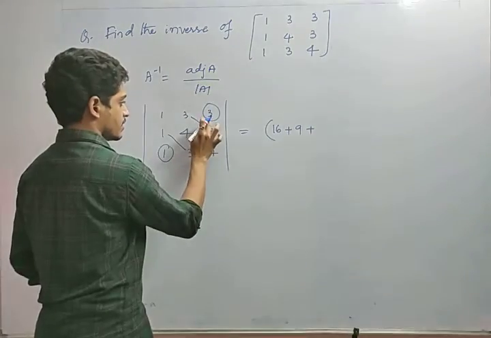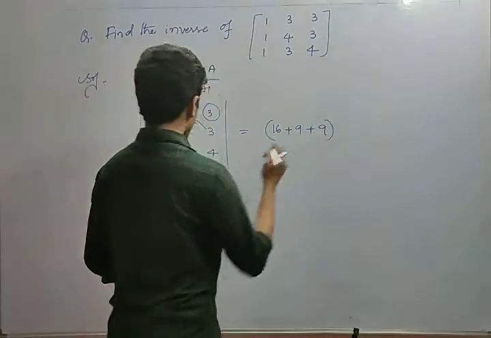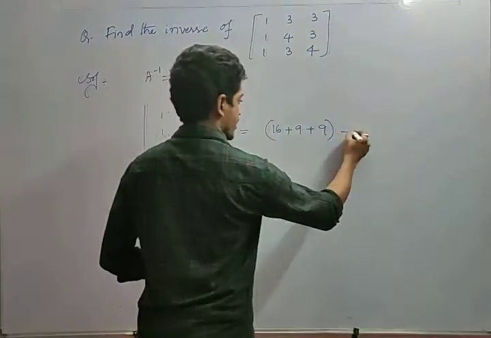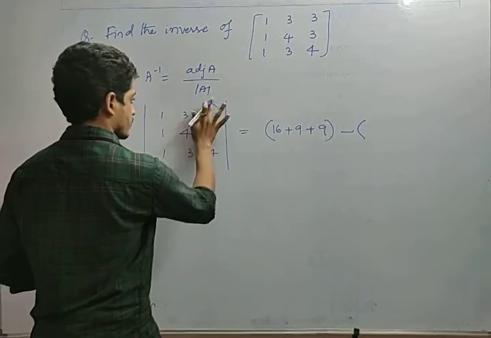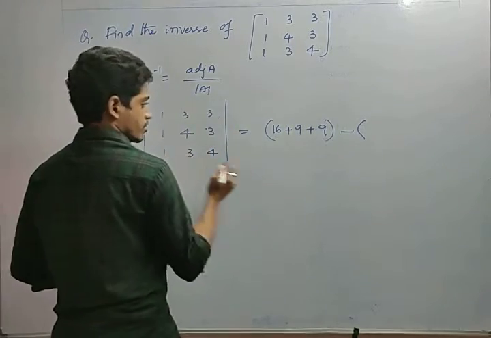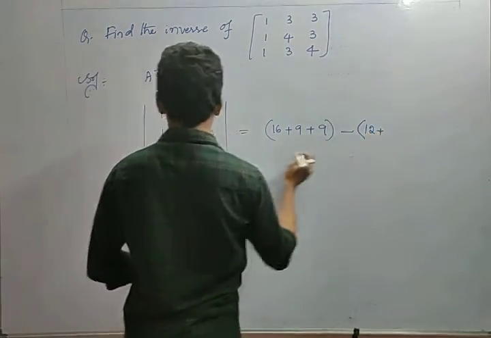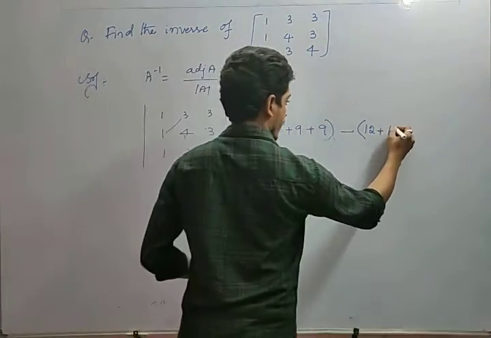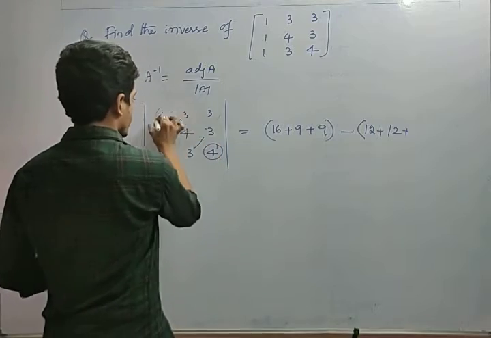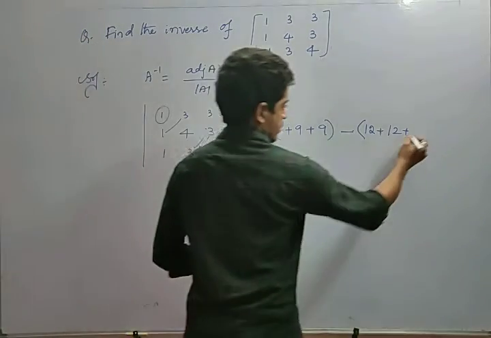So 3 1s are 3, 3 3s 9. Now minus. So these are finished. Now calculate for this row. 4 3s 12 plus these two elements into this element. 3 4s 12 plus these two into this element. 3 3s are 9.